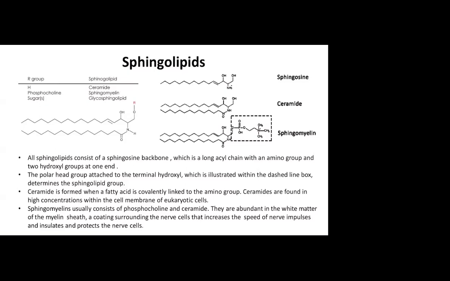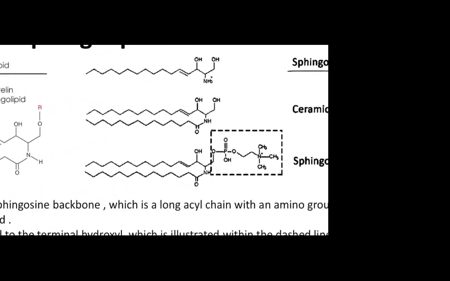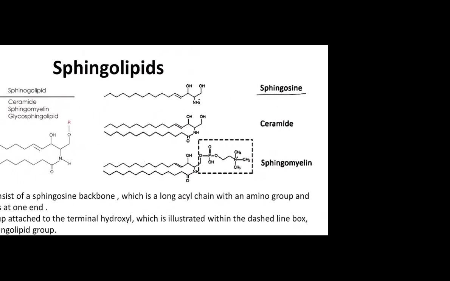In sphingolipids, specifically, we have the fatty acid connected to what is called a sphingosine, okay? So the sphingosine is what's going to connect the fatty acids for this molecule. Now, once we have connected a fatty acid to the sphingosine, and notice that when we look at this at the chemical level, the fatty acid connects specifically to the amino portion of the sphingosine.